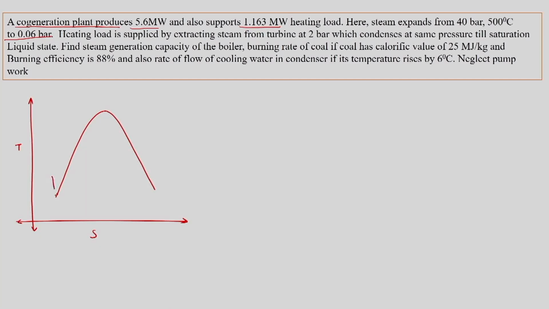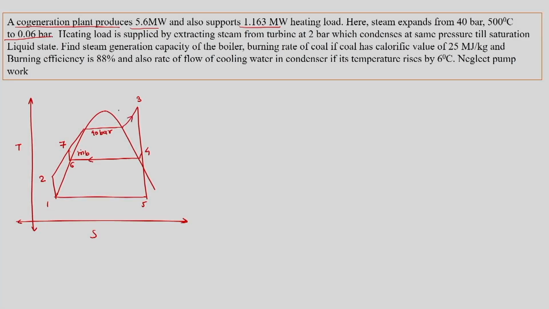Our TS diagram says this. So this is 1, this is 2, this is 3, this is 4, this is 5, this is 6 and this is 7. We know this is 40 bar, and we are bleeding steam, m dot b.